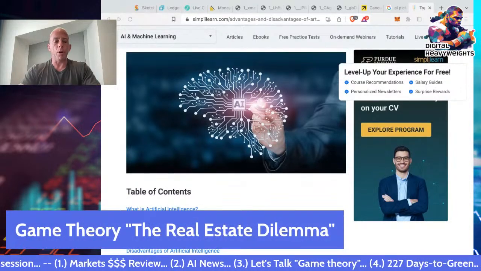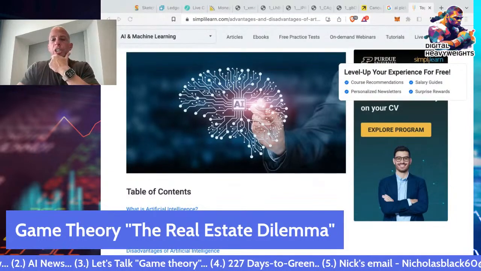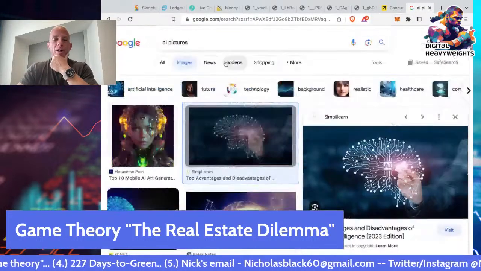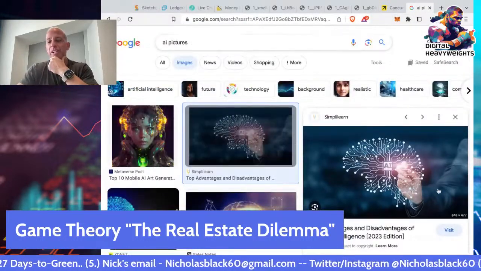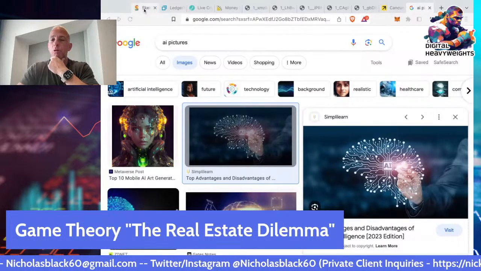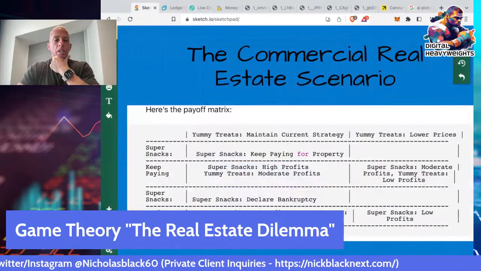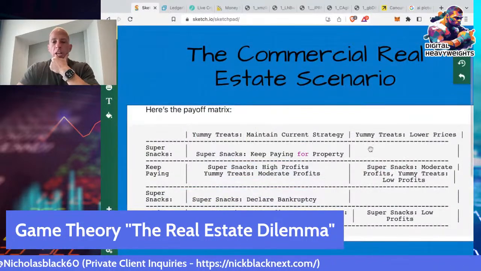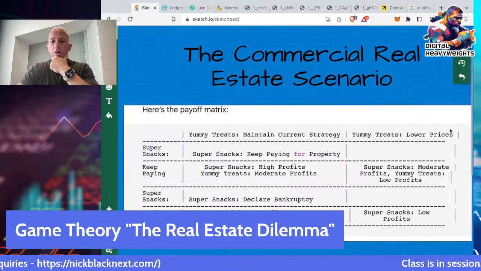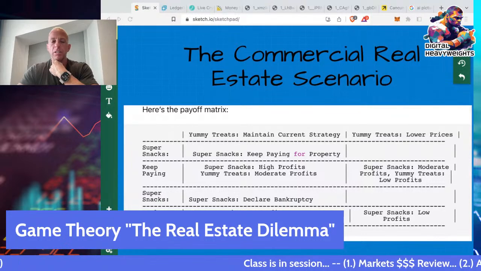I was going to get a picture of a house, but screw it, you guys get it. I'll do you one better. I'm going to throw up a payoff matrix. Bam! This is the commercial real estate dilemma.